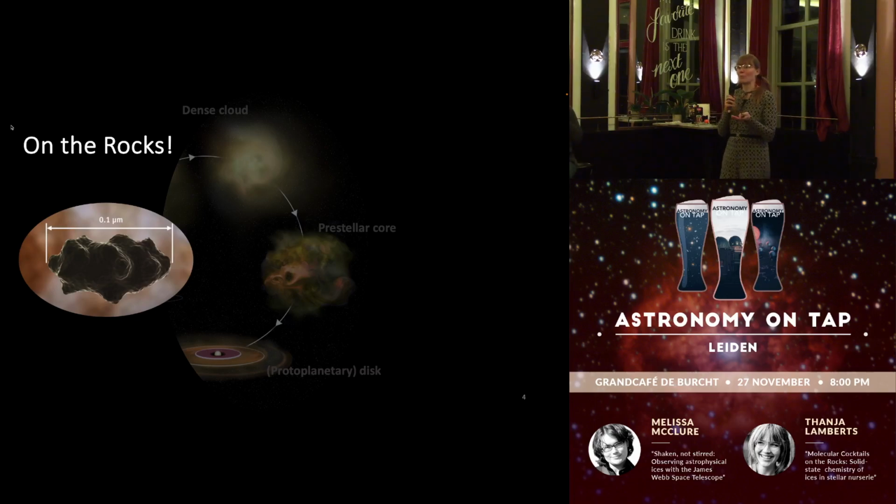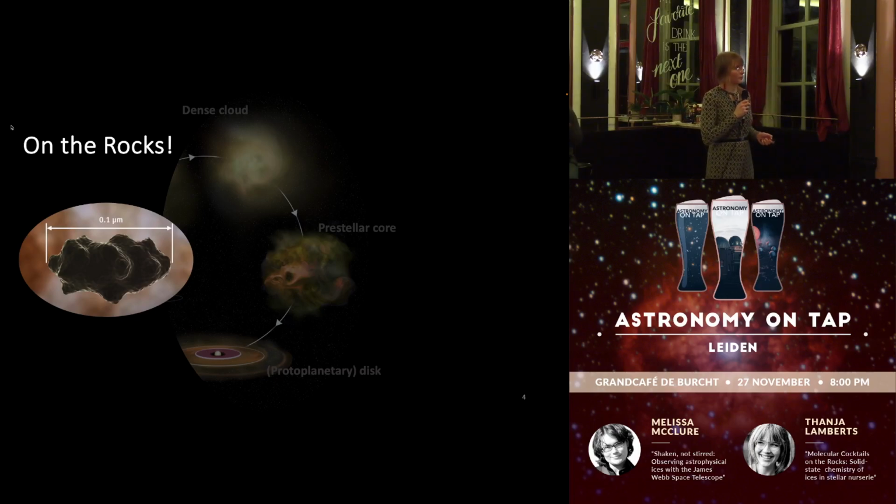Very similar to what happens to your car when it's outside in winter and you want to rush to work, but actually you can't because there's a thin layer of ice covering your car window. That's essentially what happens in space as well, except the time scales are a little bit different. Okay, so what I'm interested in and what I'll be talking about is the chemistry of small molecules that adsorb on the surface, on a very, very cold surface, meet a reaction partner, and then continue to form other molecules.